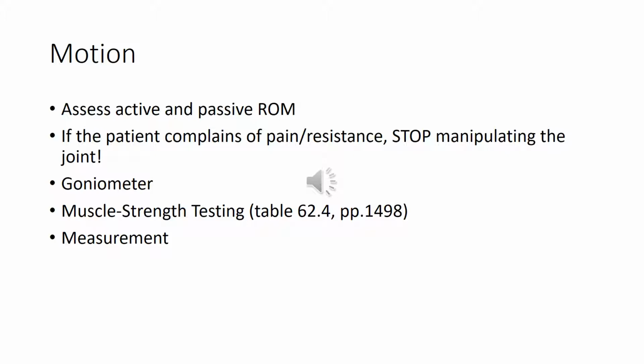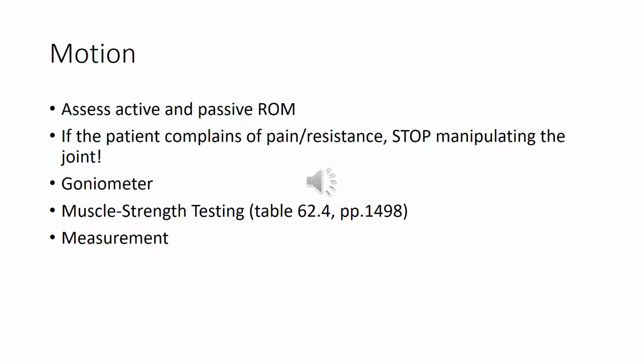Also, we want to take measurement when there's length discrepancies or other problems noted. We want to obtain limb length and the circumference of muscle mass measurements. So when you notice there's a gait disturbance, probably one of the first things you want to do is measure the leg length to see if there's any discrepancies there.